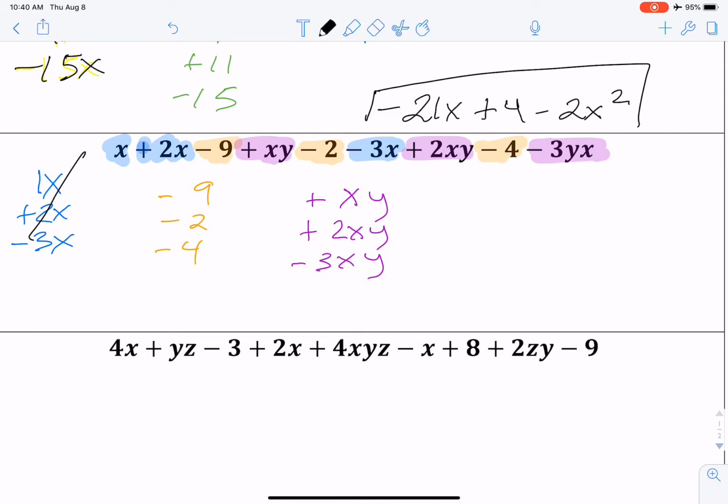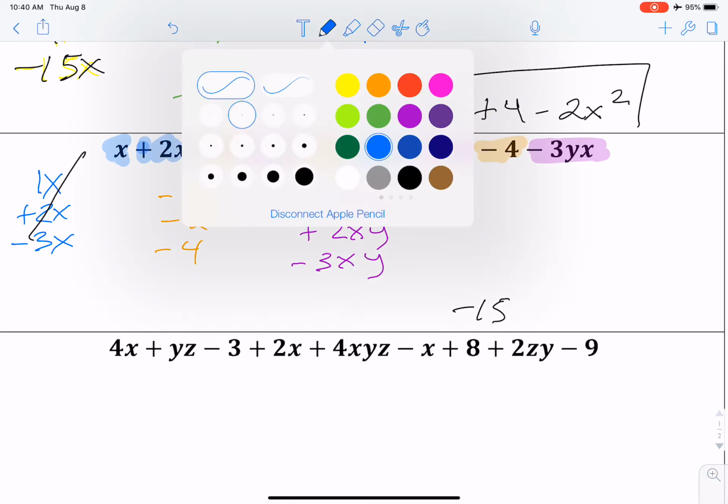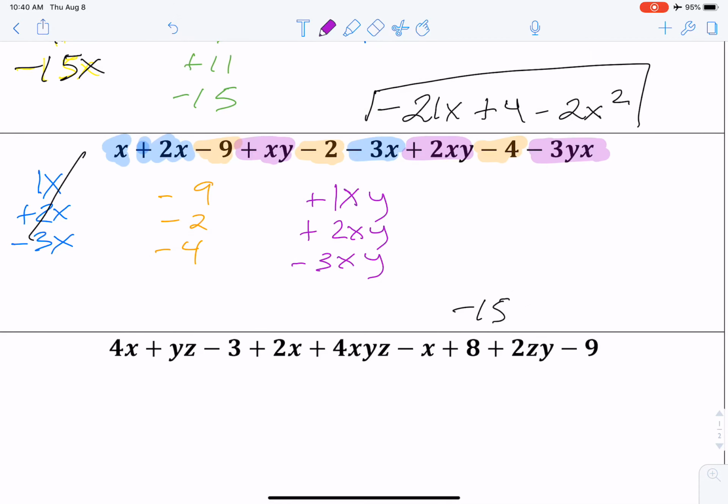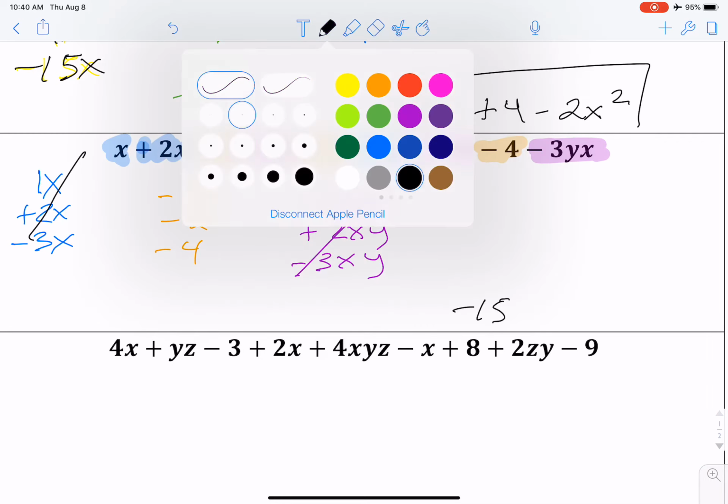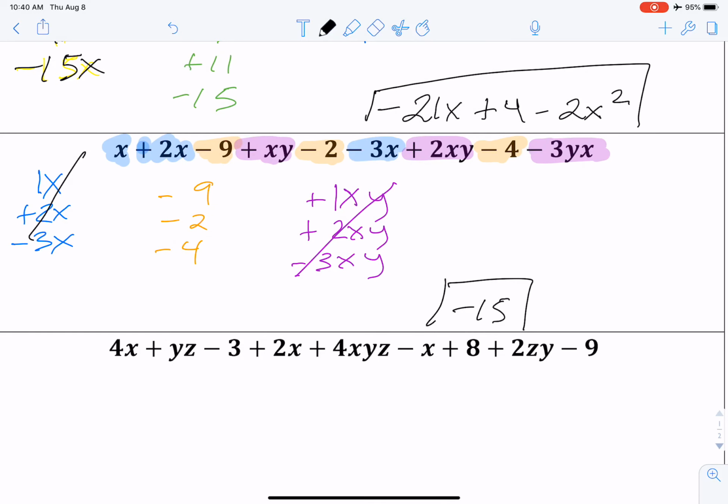Over here, we're going to have a negative 15. And over here, just like the first one, remember that this is a 1xy. So a 1xy plus a 2xy minus 3xy, those also cancel out. So my answer is just negative 15.